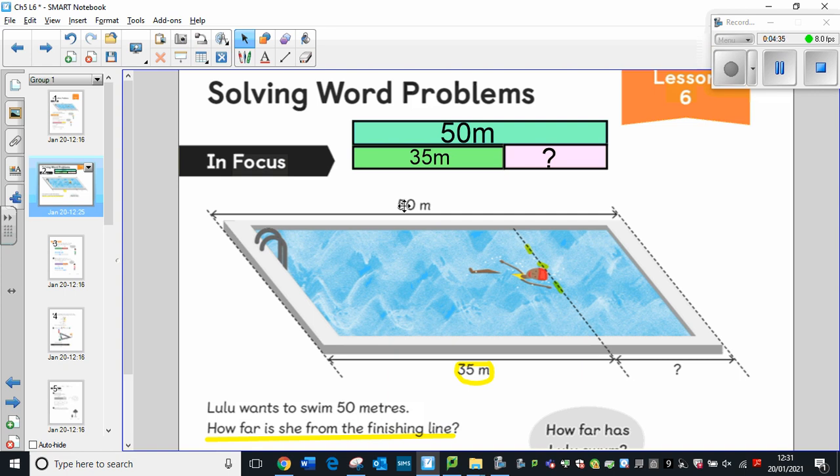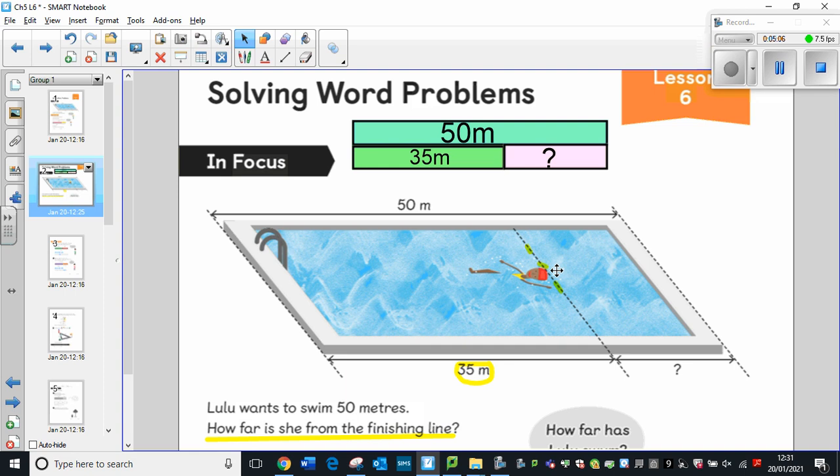So if you were unable to figure out the answer, now that I've shown you the bar model, what I want you to do now is pause the video again and see if you can realize what it is that you need to do, and see if you can come up with an answer of how much longer she's got left to swim. Okay, so give it your best go, and then when you're ready and you've got your answer, you can then come back, press play, and we'll see if you were correct.